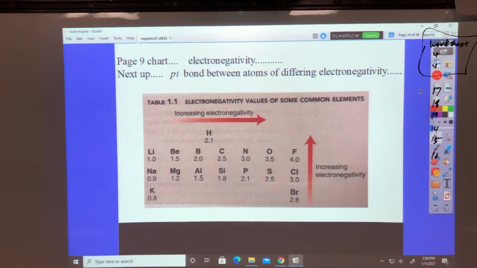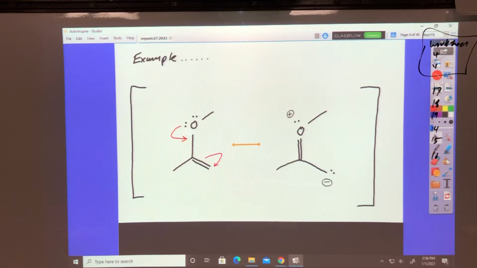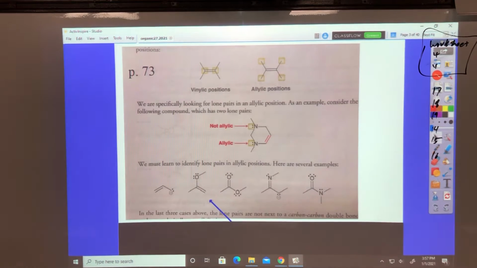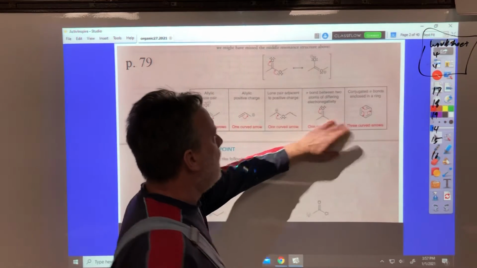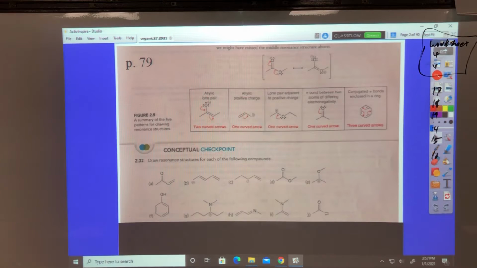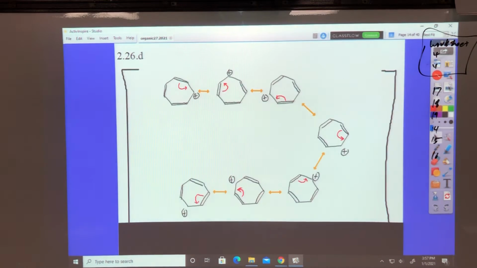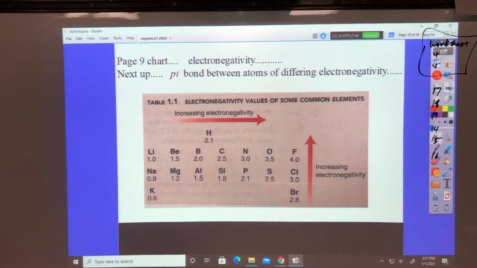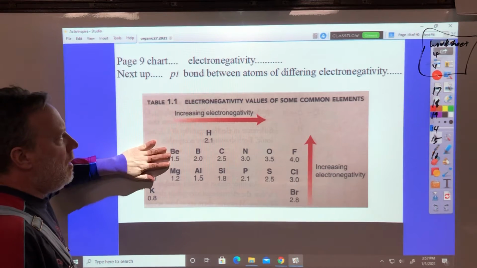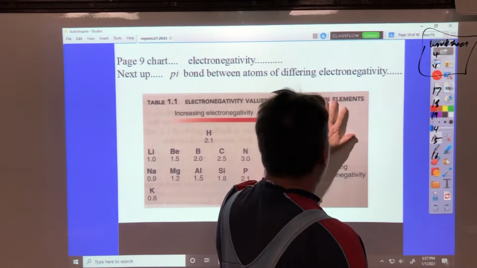Okay, the next section, we're going on to pi bonds between atoms of differing electronegativity. I copied from page 9 table 1.1 of electronegativities.